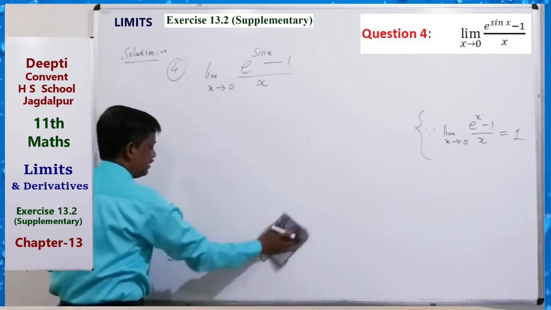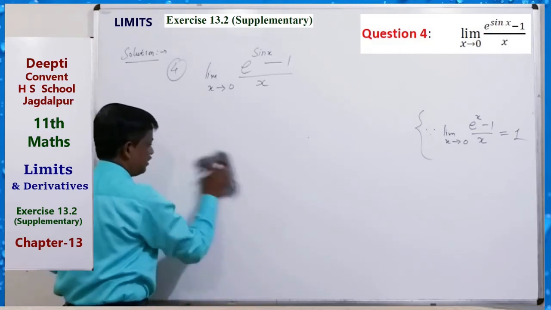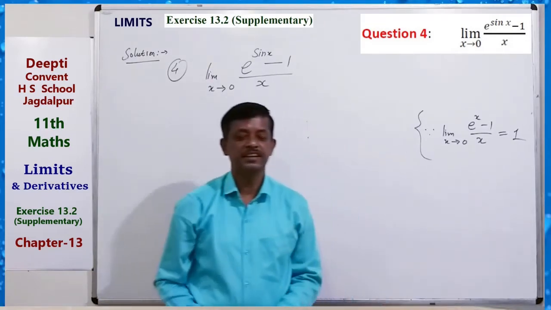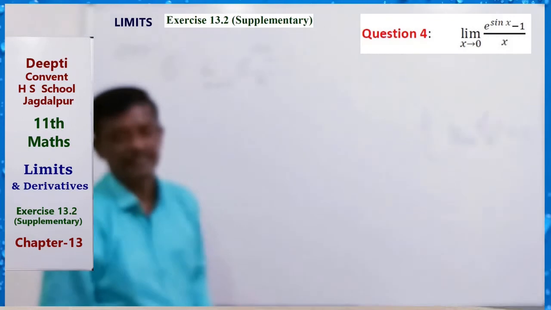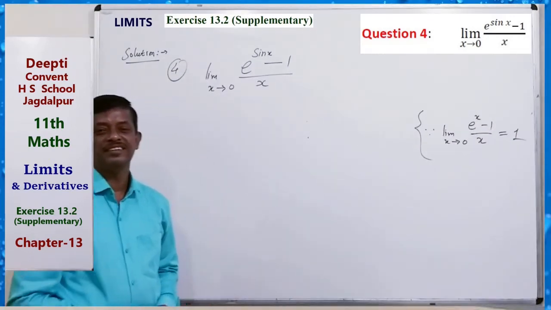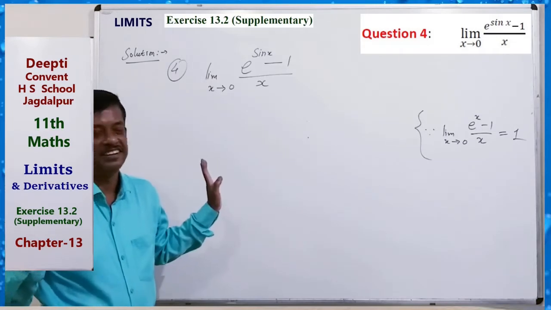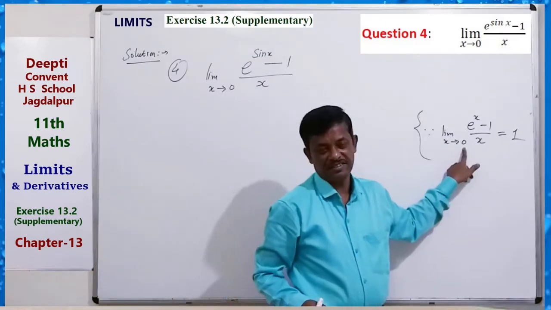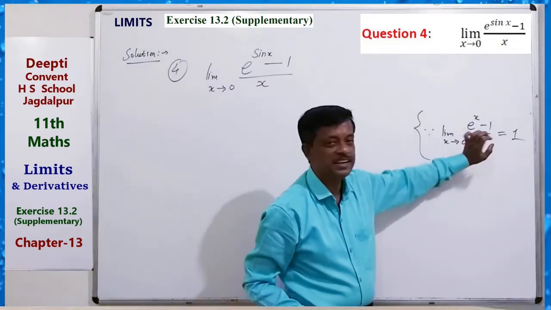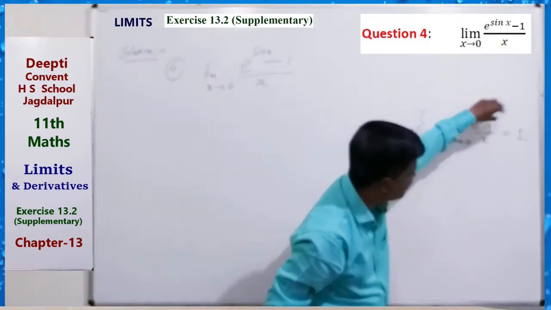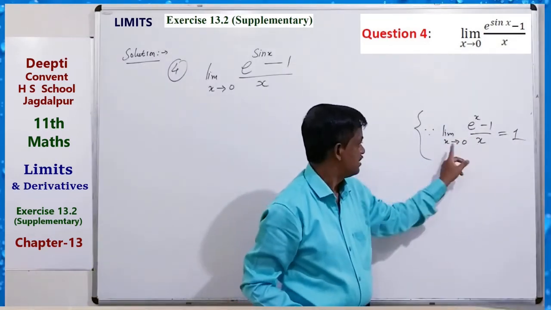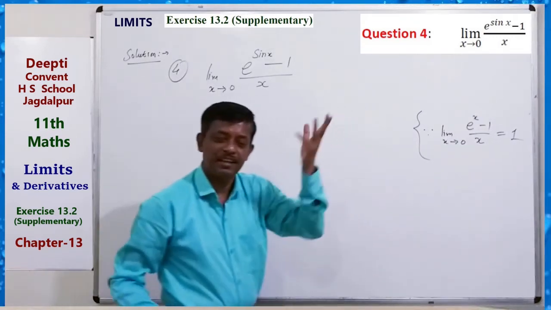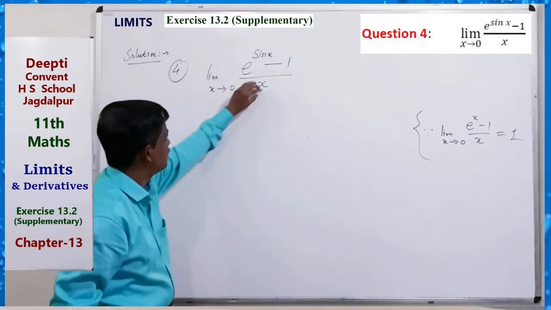So here we see, how can we write it? Its limit is what? 1. We can say this because x tending to 0, this quantity sin x tending to 0.